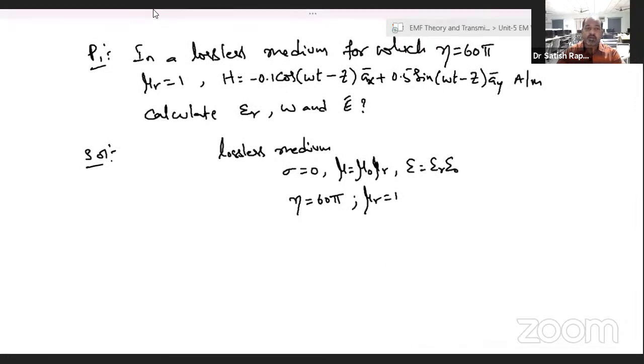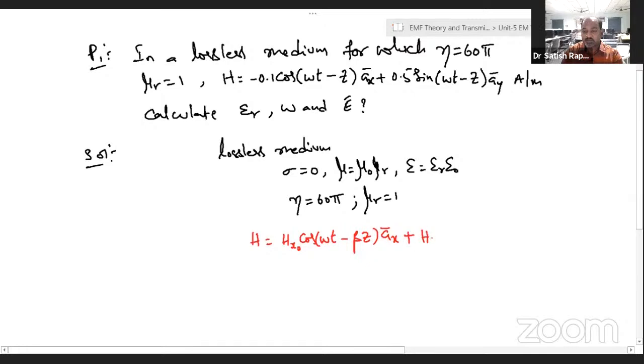And H is equal to Hx naught cos(omega t minus beta z) a_x plus Hy naught sin(omega t minus beta z) a_y.